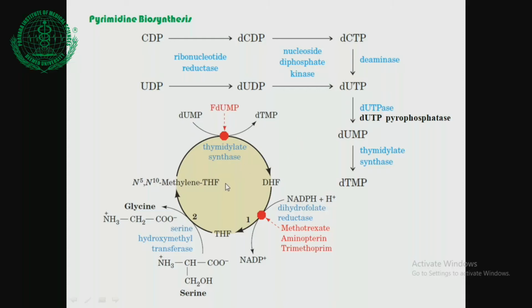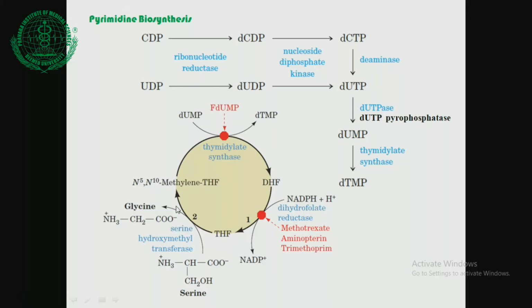During this step, methylene tetrahydrofolate is oxidized to dihydrofolate, and dihydrofolate is further regenerated as tetrahydrofolate through an enzyme called dihydrofolate reductase. This requires the reduced form of NADP called NADPH, which gets oxidized and turns into NADP, and that gives hydrogen ions to reduce dihydrofolate into tetrahydrofolate.